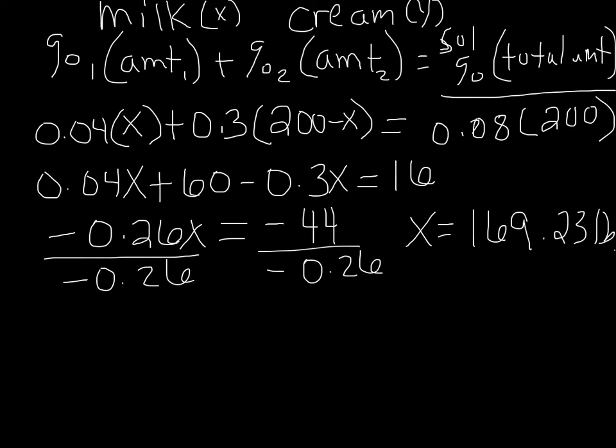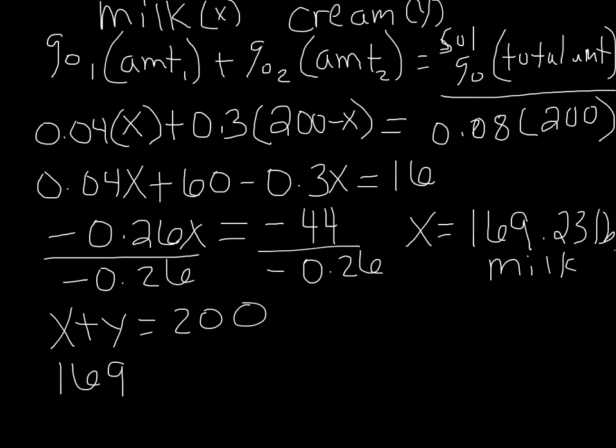Okay, so I know that that is how many pounds of milk. And now we just plug that back into our x plus y equals 200, and we can figure out the pounds then for the cream. So if I know that it's 169.23 plus y equals 200, you can simply go ahead and solve then for y.